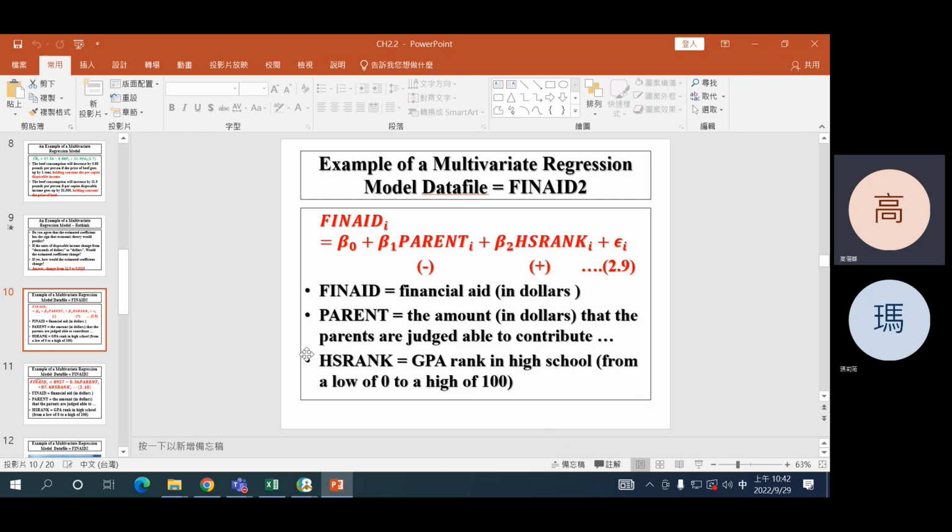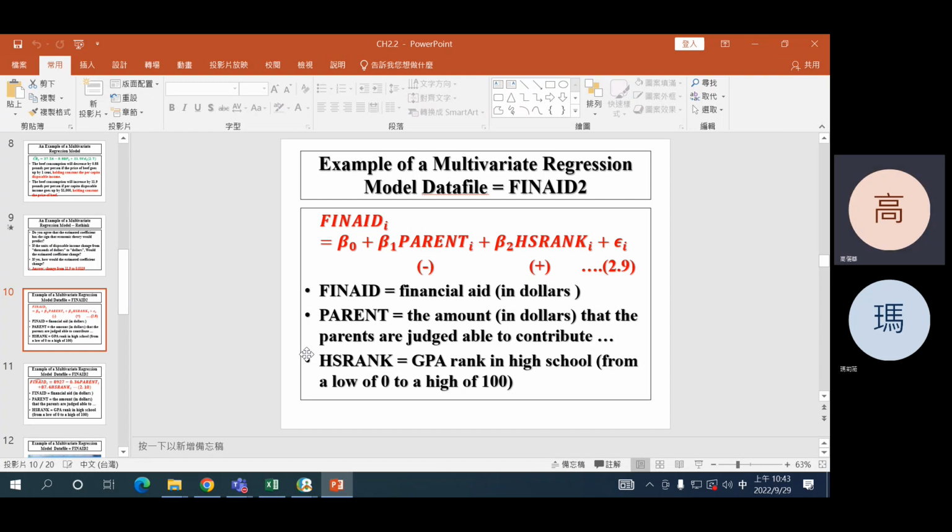So how do you think the relationship is between these? The financial aid is what students can get. If your parents can pay more, then what's the financial aid? Here it's not just your own learning performance. You also consider the economic status of your family.